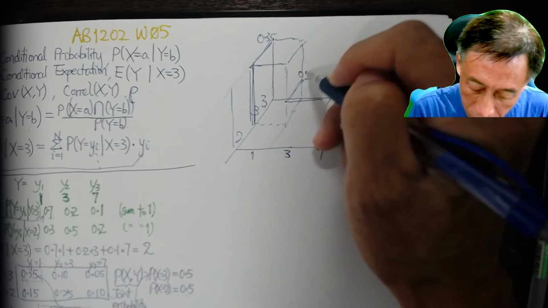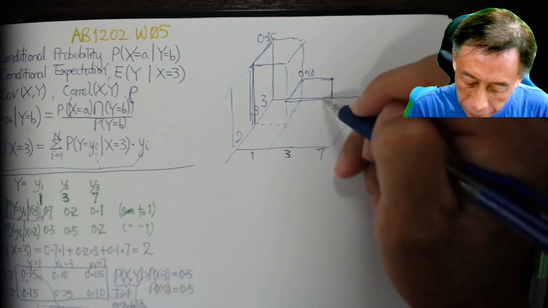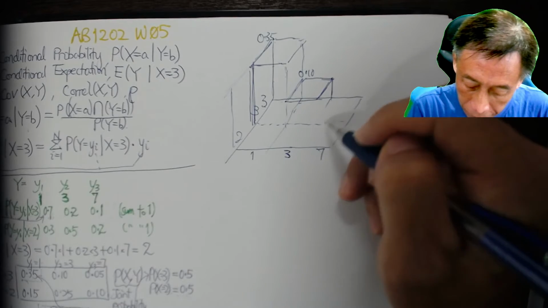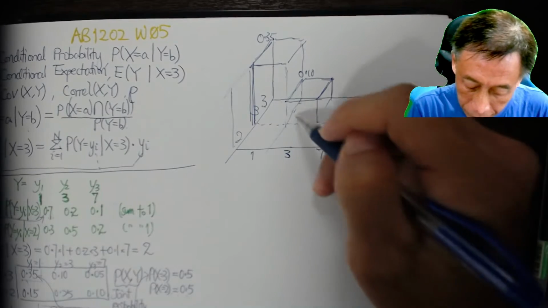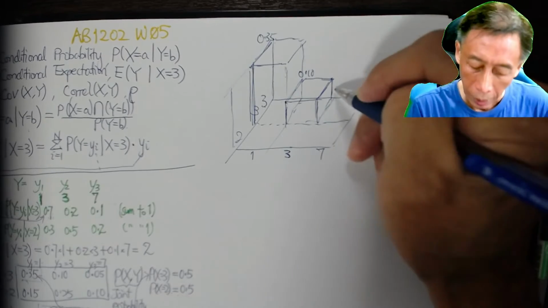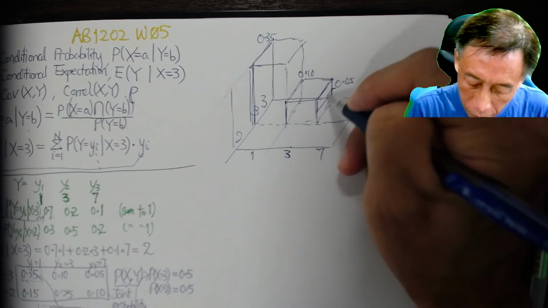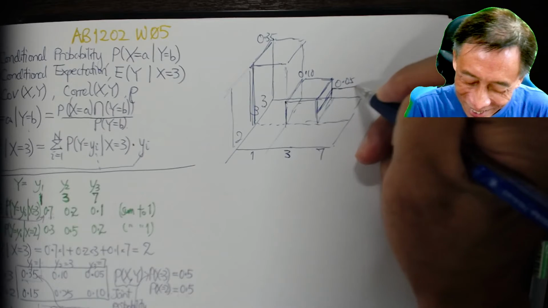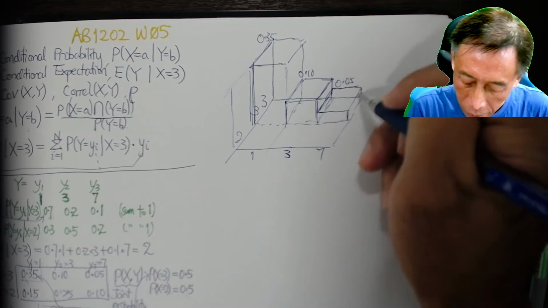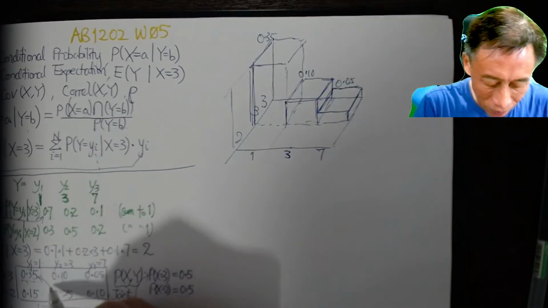So this is 0.10, and this will come down, and it will share the floor here. And finally half of this, 0.05, that is going to be our third block. So that's to show the heights for these three.